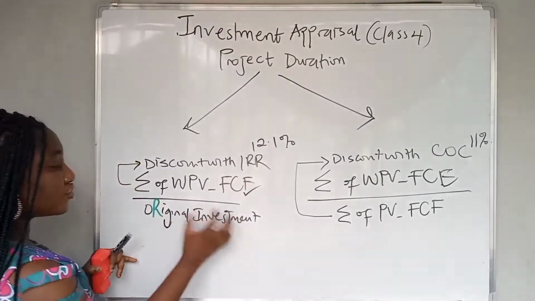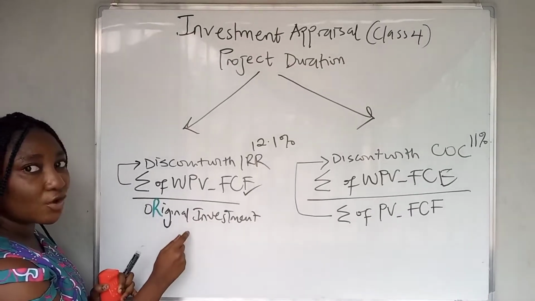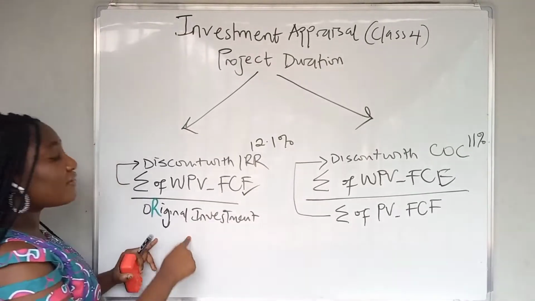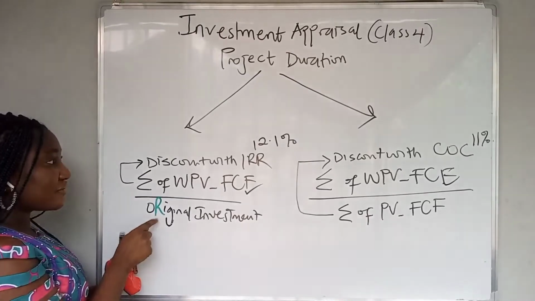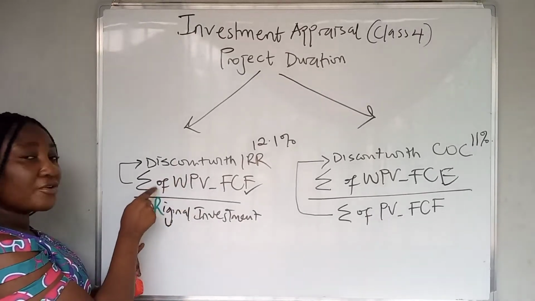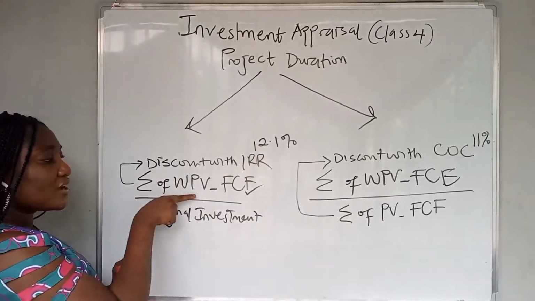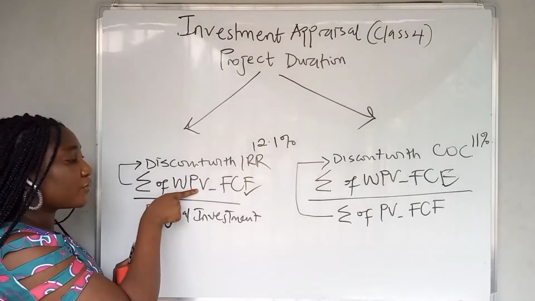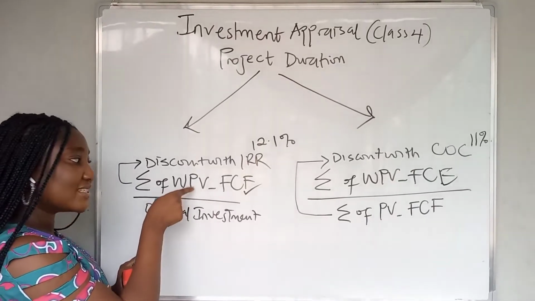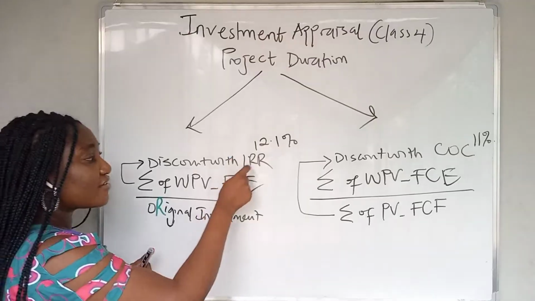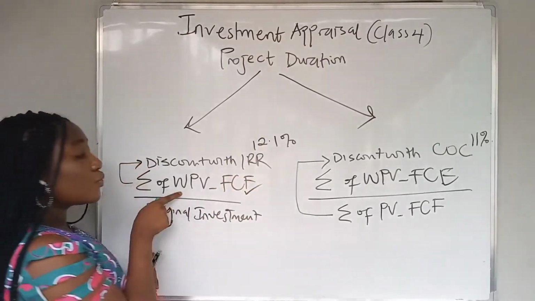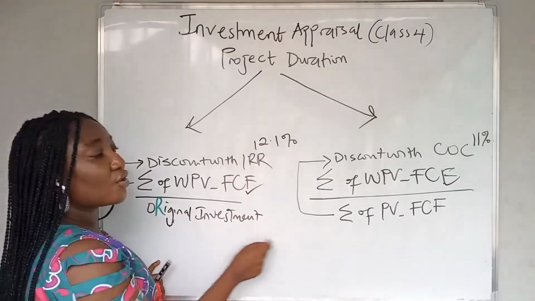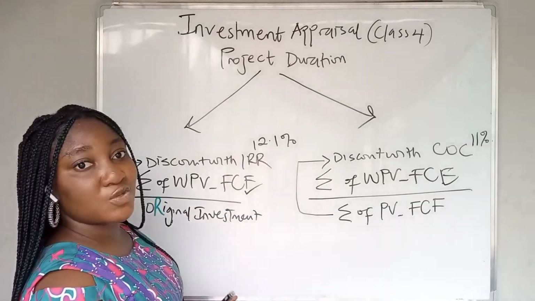That is, you are trying to recover the original investment. And whenever you are trying to recover your original investment, you are discounting the numerator with IRR, because for you to have a present value, there must be discounting, right? So it's IRR you are using to discount, okay? And the weighted here means that you are multiplying by the corresponding number of years, which you will see when we are solving.